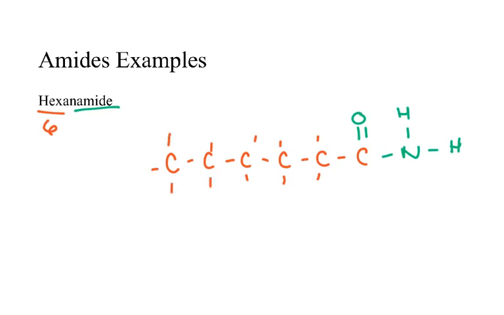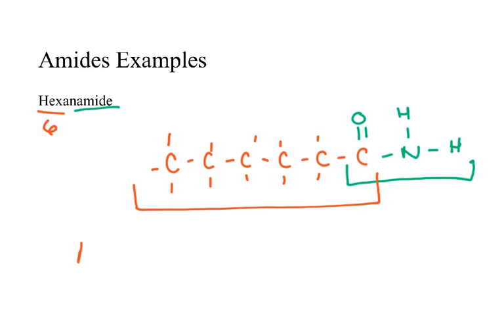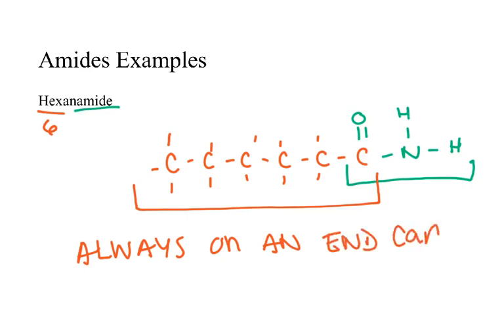This guy's happy over here on the end. So we have our amide group that hangs out over here on top of our parent chain. And that's always going to be at the end, always on an end carbon. All right, so that's the difference between an amine and an amide.